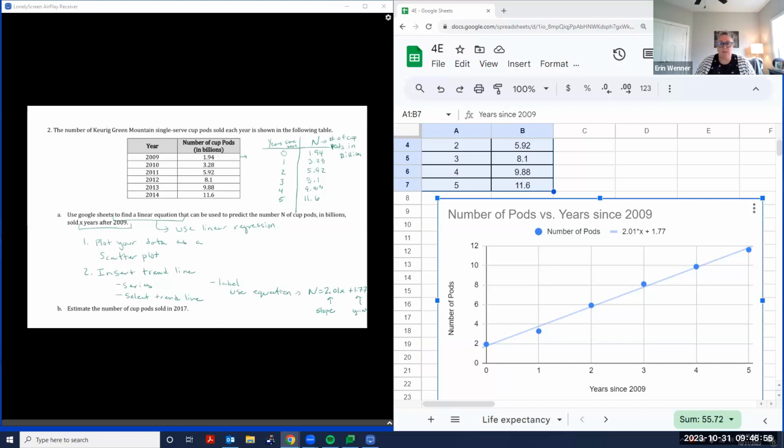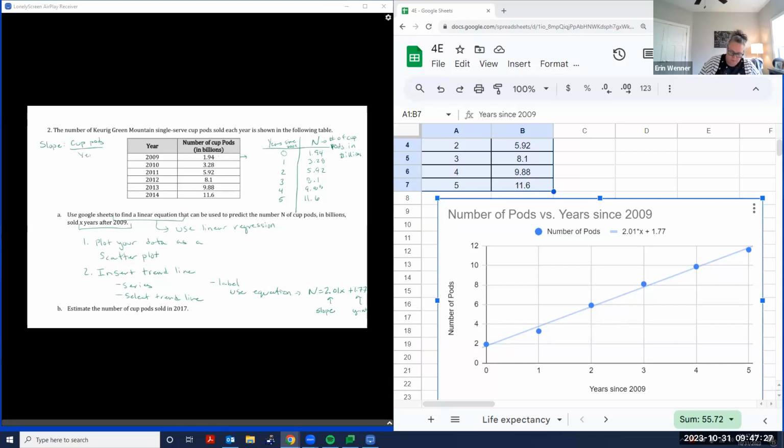So when I'm asking you to figure out what these slopes mean, I want you to think about how we would have identified the slope to begin with. The slope, remember, is going to be your change in cup pods over years, right?